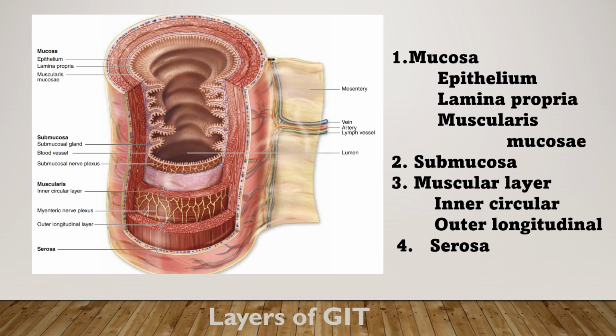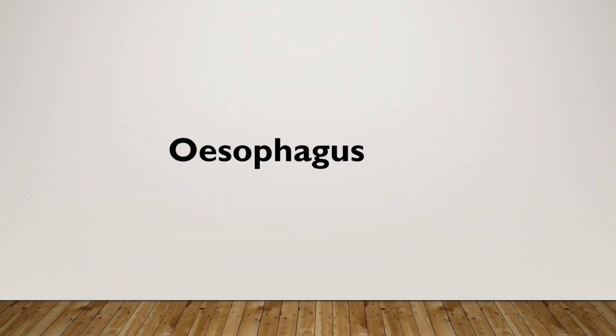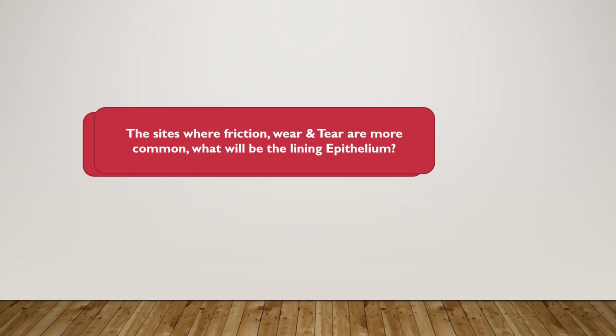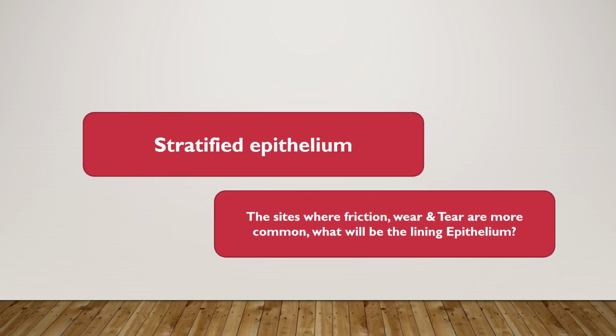Next we will see about the esophagus. That is the first GIT slide we are going to see. At sites where friction, wear and tear are more common, what will be the lining epithelium? Already you studied about the epithelium. If there is more friction, wear and tear at that site, you will be having stratified epithelium.